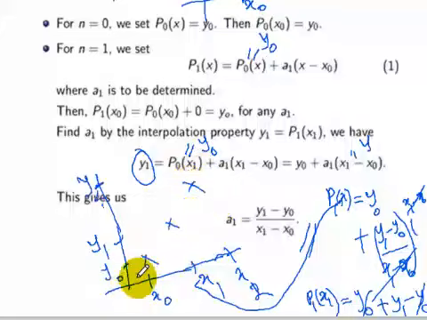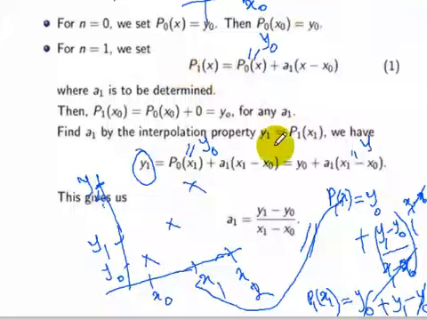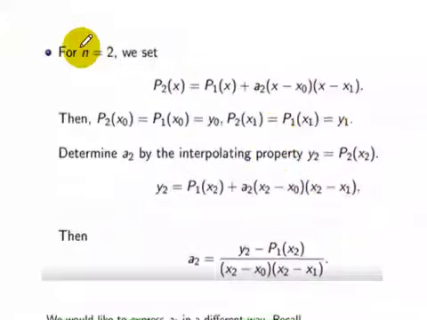Now you want to find the interpolation polynomial which passes through these three points using this previous polynomial. All right, let's look at that case when n equals 2.